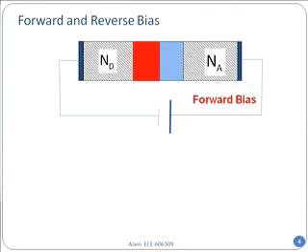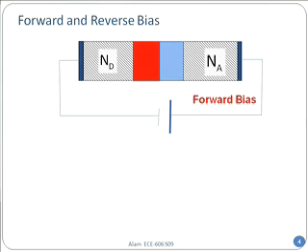For the battery, I have shown a small vertical line and a large vertical line, and the large vertical line is the P terminal of the battery. So this is forward biased, and in this case current flows very easily.